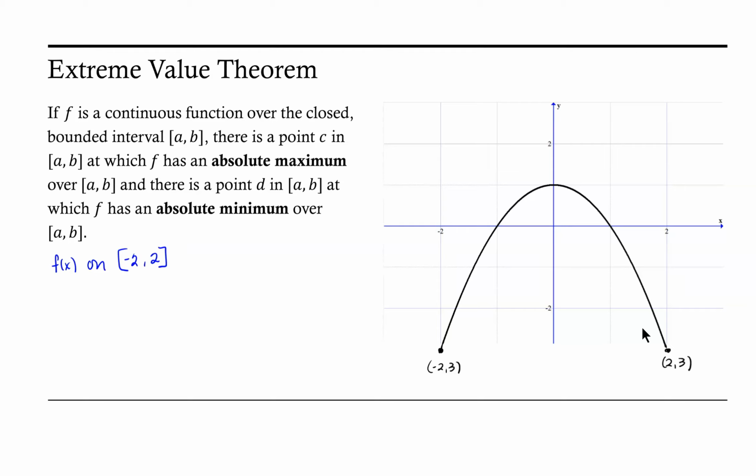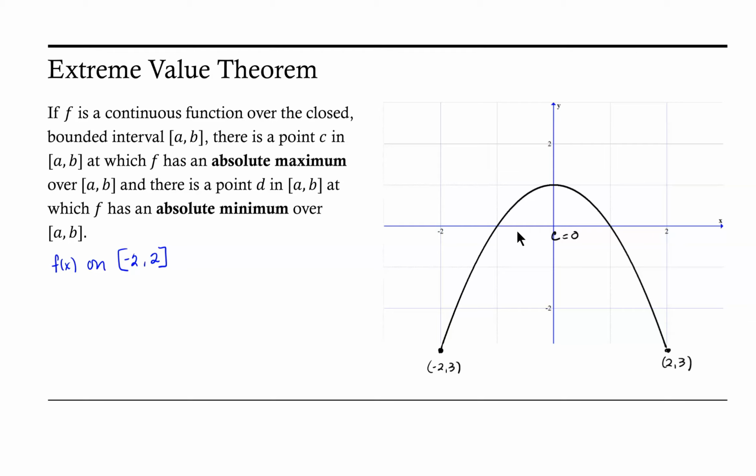Now, as we're looking for the absolute maximum, we're looking for the largest output value and where that occurs. Well, my largest output value appears to be here at 1, and that happens to occur where x is equal to 0. So the c that is mentioned in this theorem occurs when x is equal to 0.